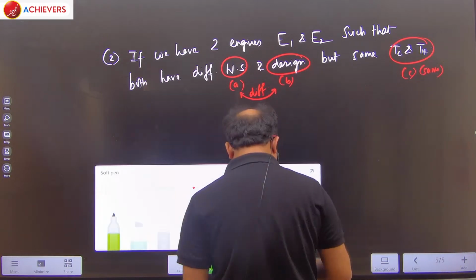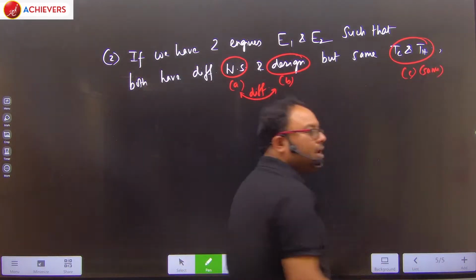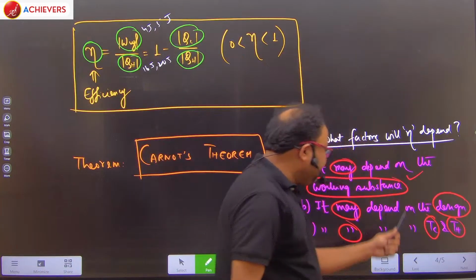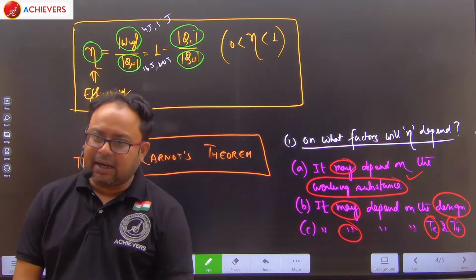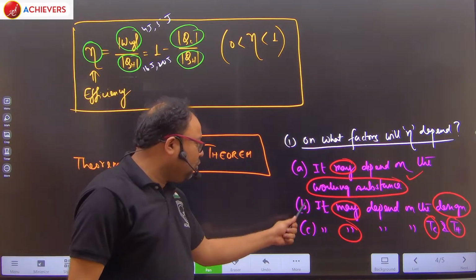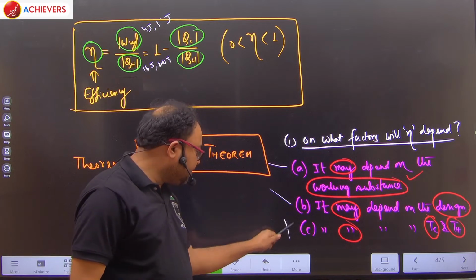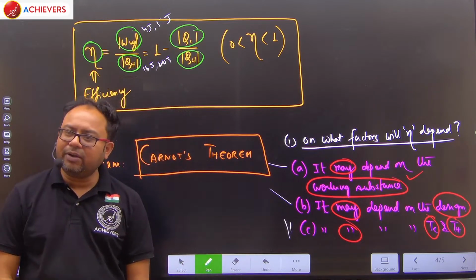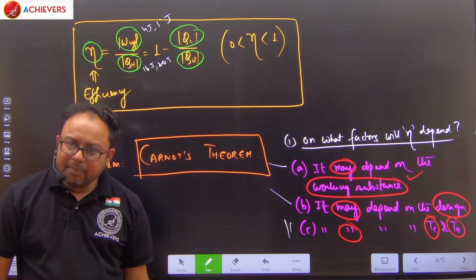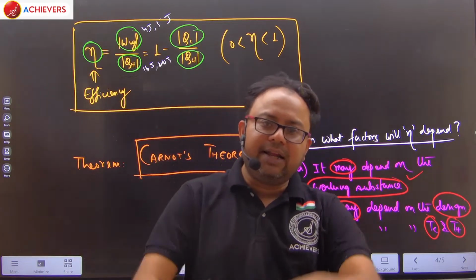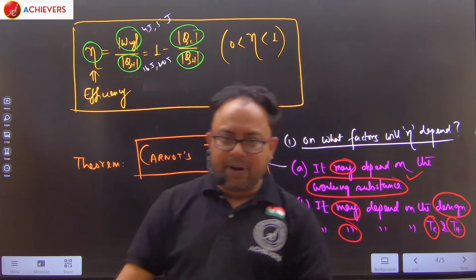Then what can you say? If eta depends on all these three parameters, and if you vary two parameters and you keep this one same, then what is going to happen? Eta will vary, because eta depends on all the three parameters. Out of the three parameters, you are varying two and keeping one the same.